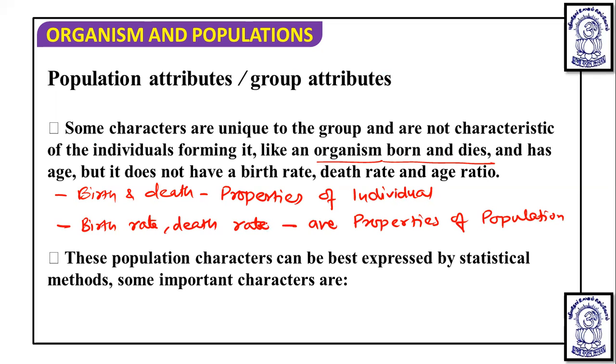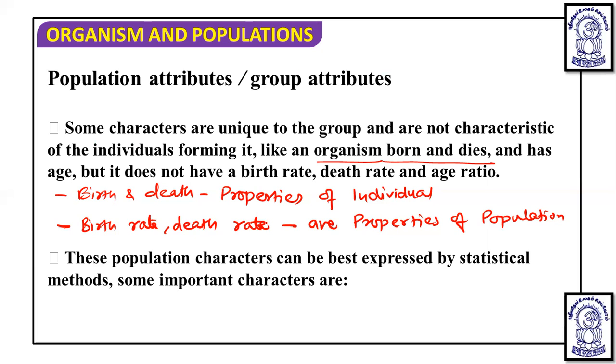These population characters can be best explained by statistical methods. So what we understood is that there are certain attributes an individual organism does not possess, but a population obviously has.